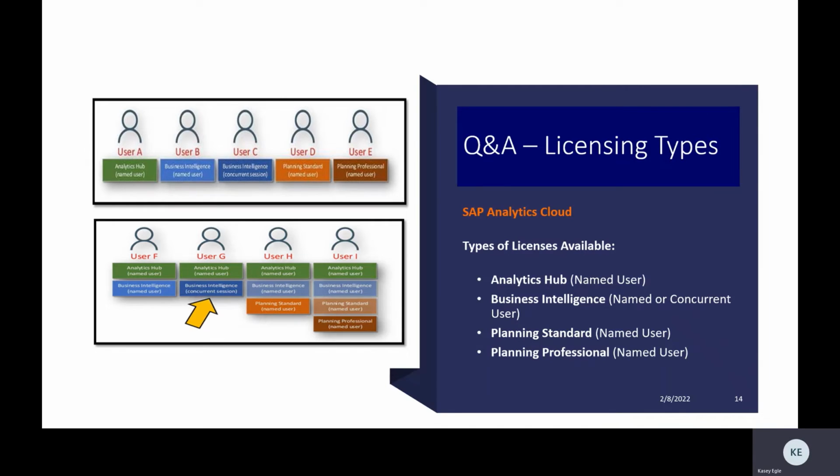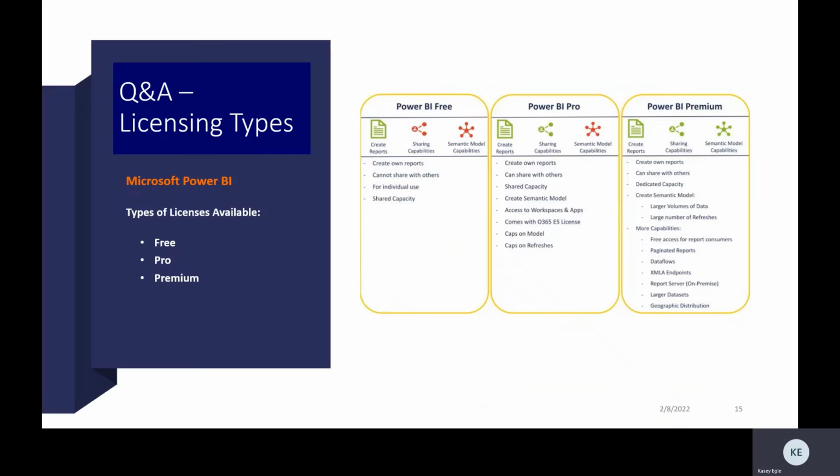And so in the 2 diagrams on the left here, we can see on top, users A through E each just have 1 license assigned to them, but it is possible, if we look in the below diagram, to have multiple licenses assigned to one user. You can combine them, and so they have more capabilities. So it depends on what each user will need for your company, but it is possible to combine if needed.